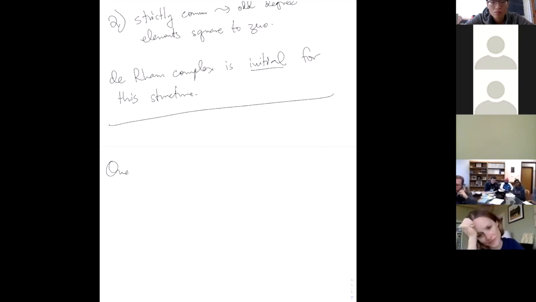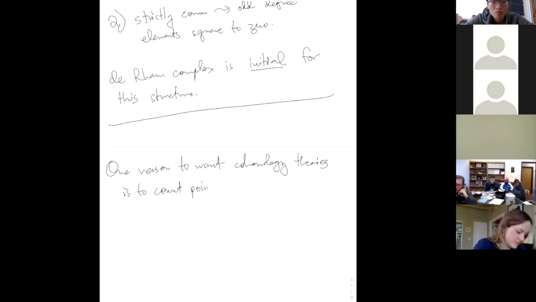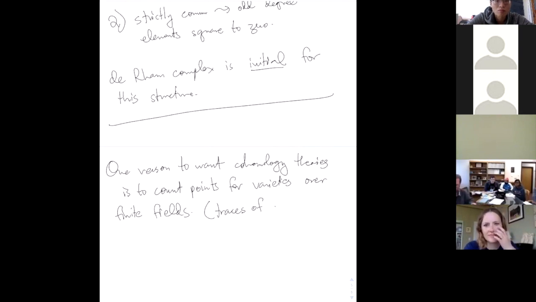So one reason to want cohomology theories is to count points for varieties over finite fields, because you count points by taking the trace of Frobenius, traces of powers of Frobenius.